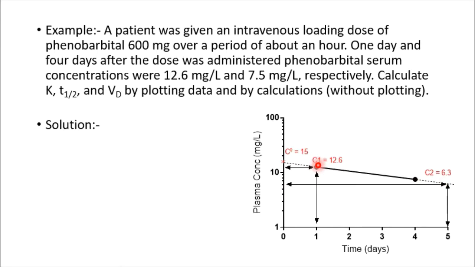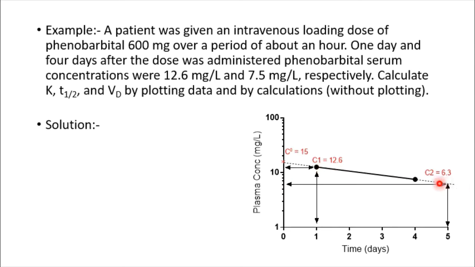Okay, so now we should calculate the half-life by using the plotting. This can be done by dividing one of these points, either the 7.5 or the 12.6, by half, and then finding the time interval between this point and half of it. In this case, 12.6 divided by 2 gives a concentration of 6.3.